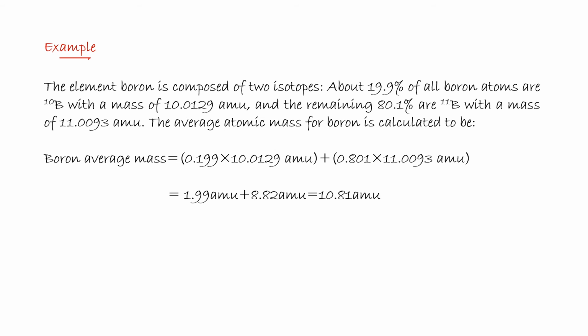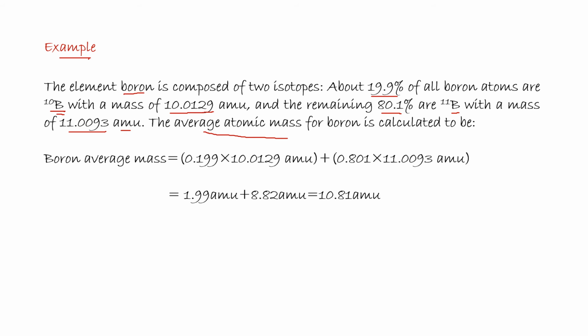Example: the element boron is composed of two isotopes. About 19.9% of all boron atoms are boron 10, with a mass of 10.0129 atomic mass unit, and the remaining 80.1% are boron 11, with a mass of 11.0093 atomic mass unit.